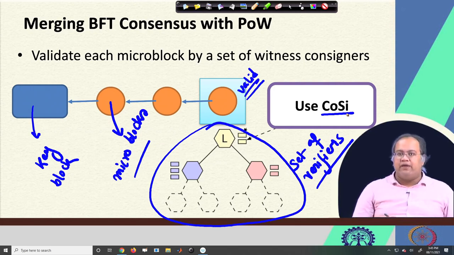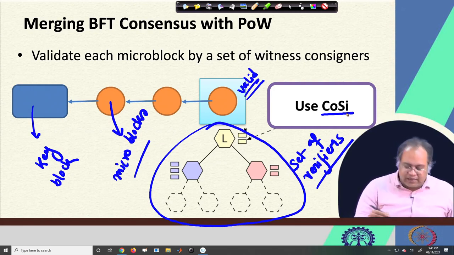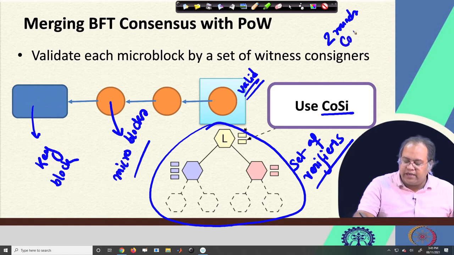that can be added to the blockchain. And what we have seen earlier is that 2 rounds of COSI are equivalent to the 3 rounds of PBFT.